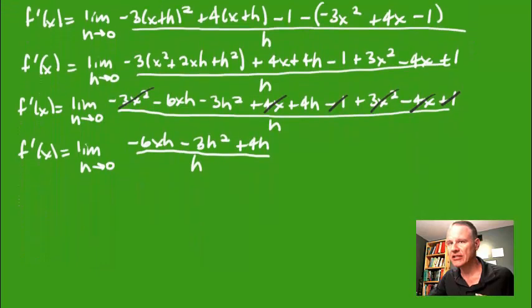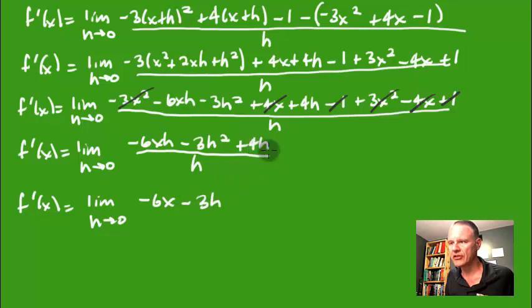Let's see, f prime of x. I'm going to do some division. If I divide this by h, I get negative 6x. Divide this by h, I get negative 3h. Divide this by h, I get 4. So now, of course, I want to let the h values go to 0.